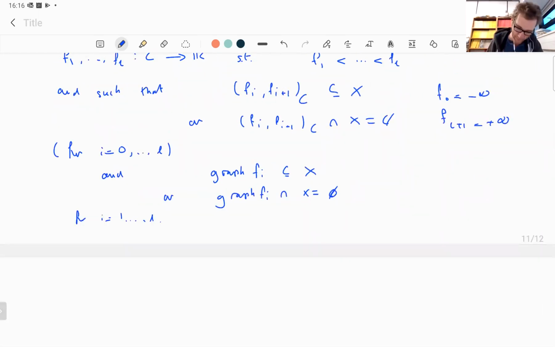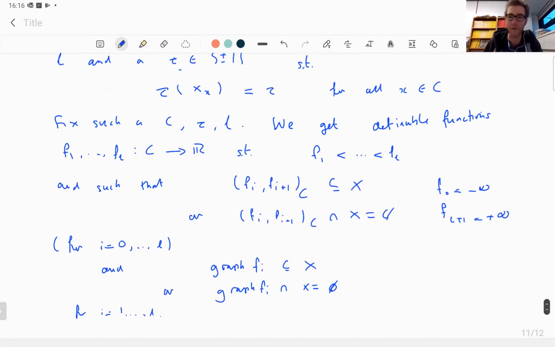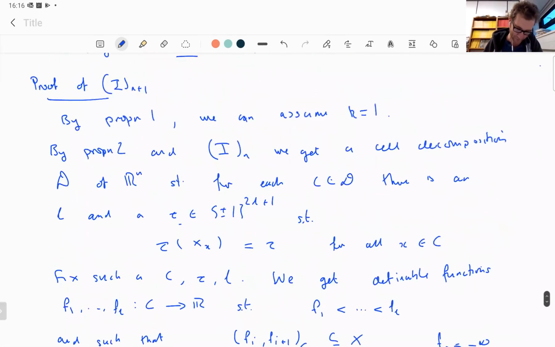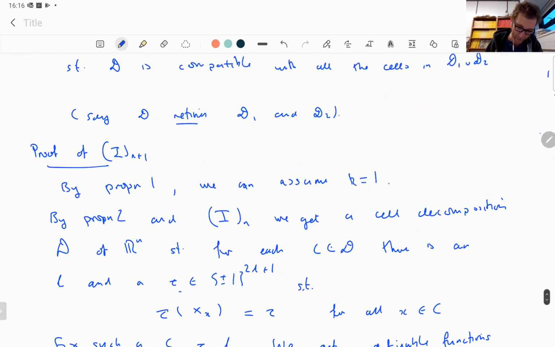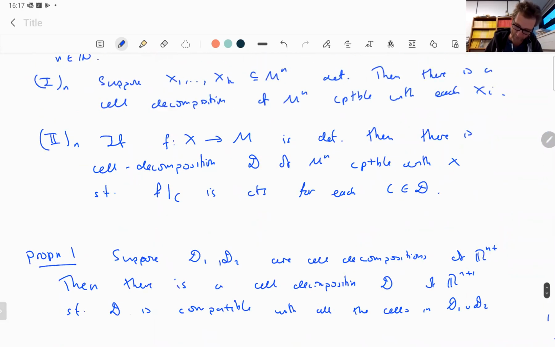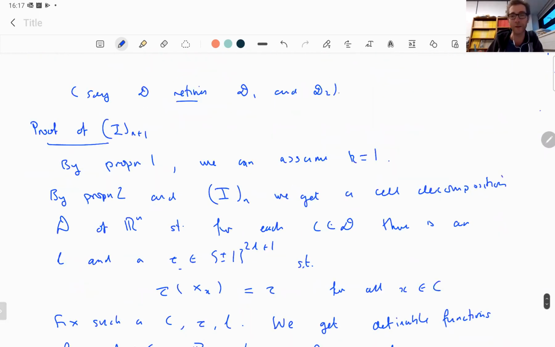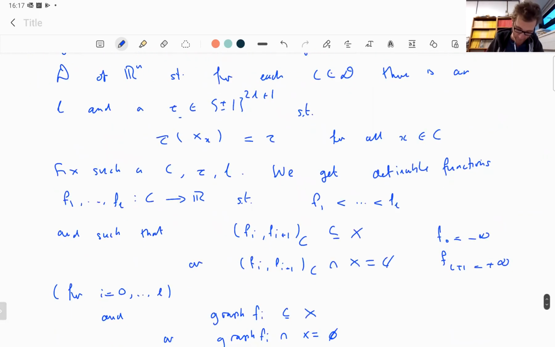Okay, now I've got a bunch of definable functions. They're all defined on this cell C, which is in R to the n. So I can use the second part of the cell decomposition statement, this bit, to assume that all of those are continuous, or to partition C such that they're all continuous.